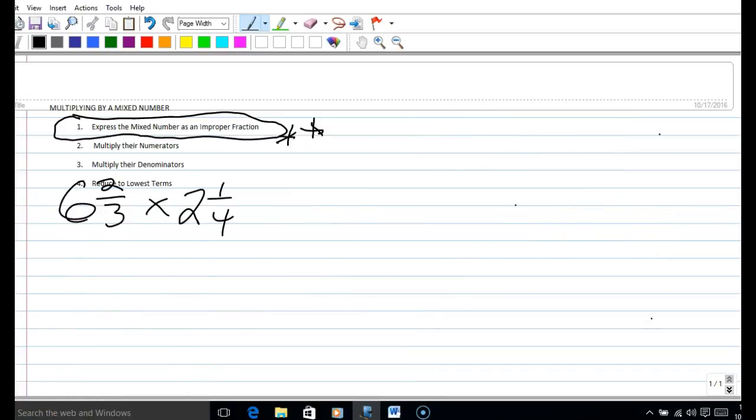Again, we're multiplying two mixed numbers, and the first step in multiplying mixed numbers is to make sure that you express each mixed number as an improper fraction.